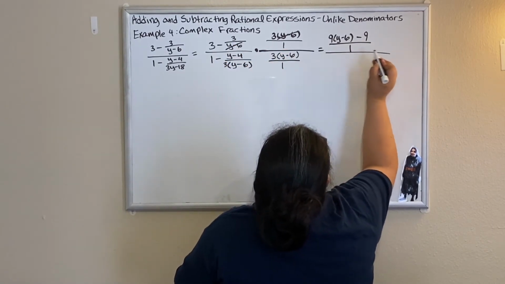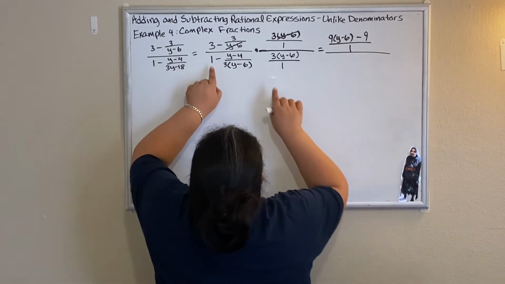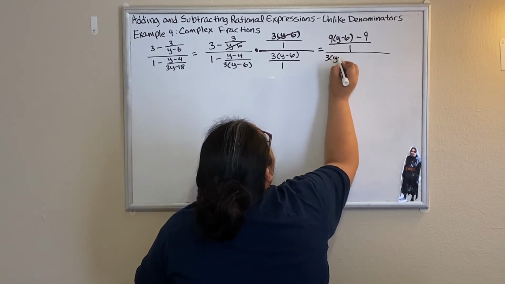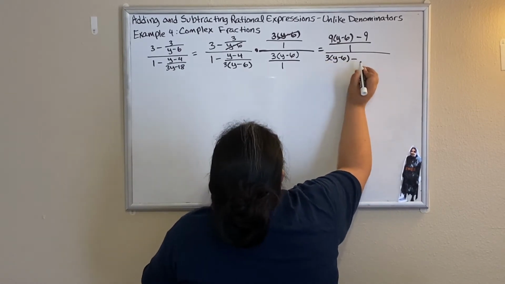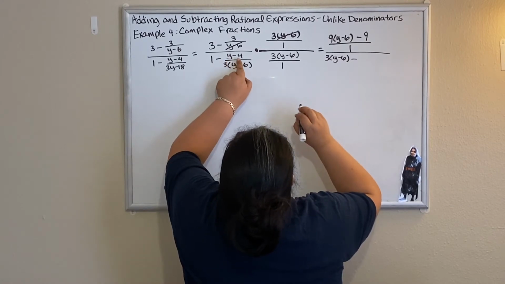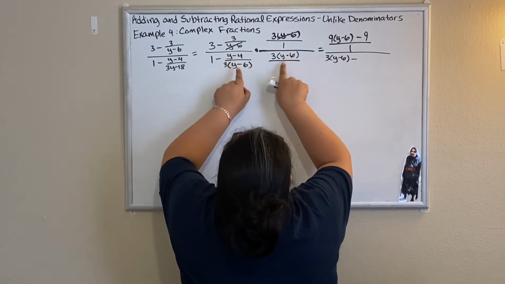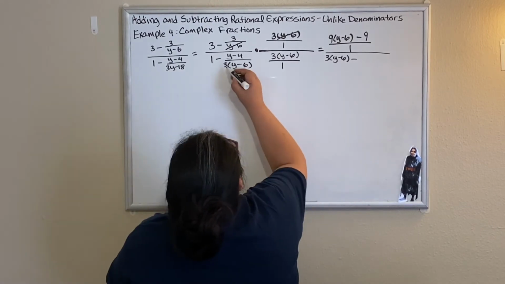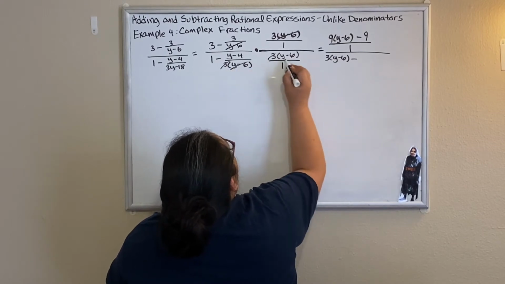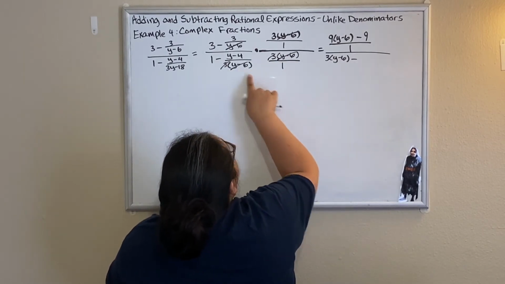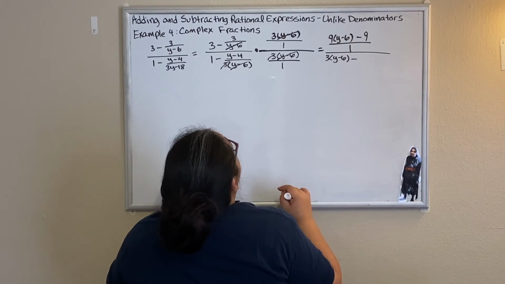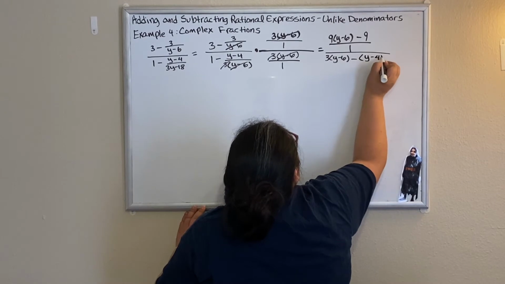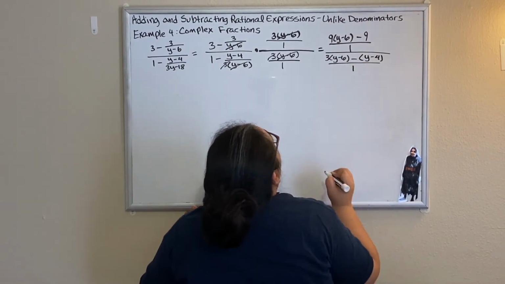So now down here we multiply 1 times 3 times y minus 6, so that's going to be 3 times y minus 6 minus y minus 4 times 3y minus 6, but notice I have 3 times y minus 6 down here as well. So the 3 is going to reduce and the y minus 6 is going to reduce because this is in the denominator and this is in the numerator. So they both reduce. So the only thing left here is parentheses y minus 4, and all of that is going to be over 1.